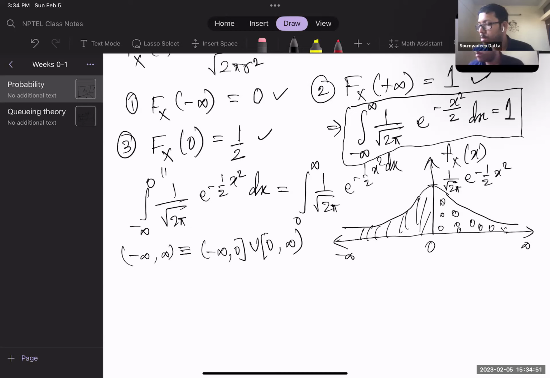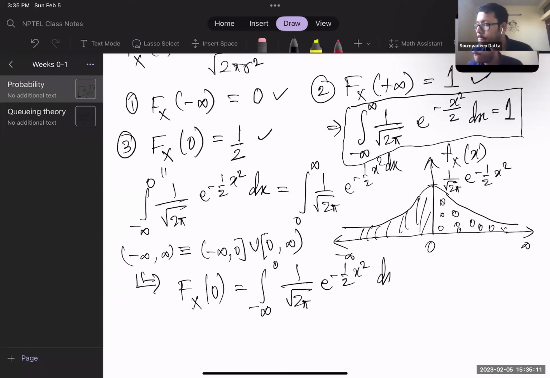So you get the answer that Fx of 0, which is the integration from minus infinity to 0 of the Gaussian distribution function 1 over root 2 pi e to the power minus half x square dx, is equal to half.